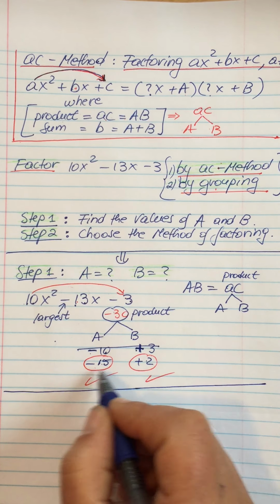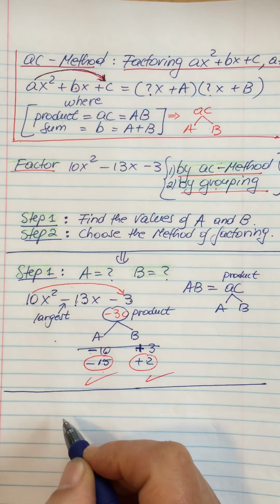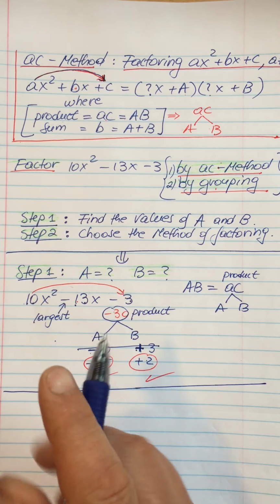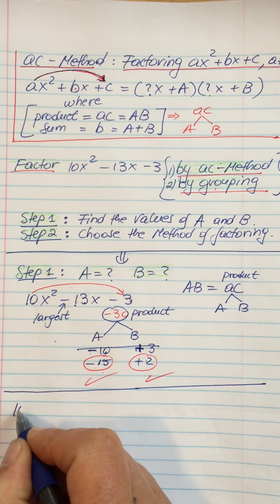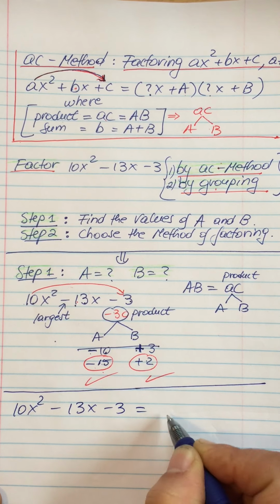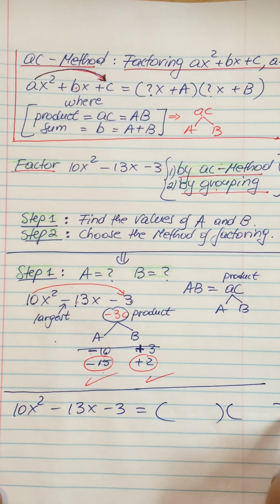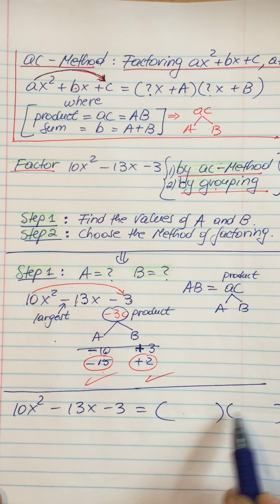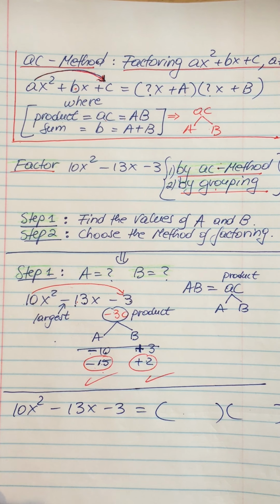This is helpful for both methods, okay? The same job. And now I will factor 10x squared minus 13x minus 3 as a product of two binomials. As we see, no common factors here, so directly to write the binomials.